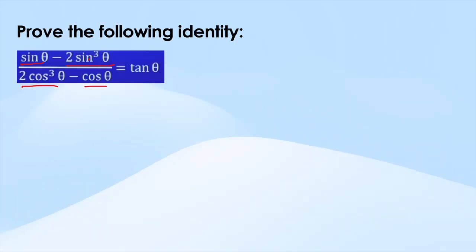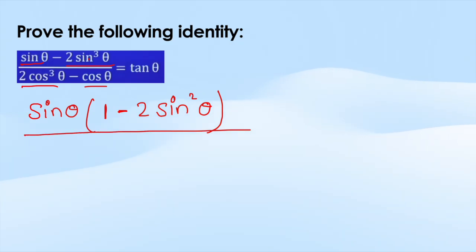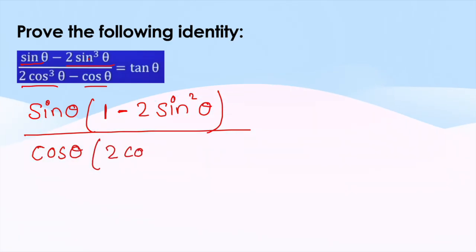If I take sine theta common from the numerator, the first term will become 1, and the second one will be 2 sine square theta. In the base, I can take cos theta common, and the first term will be 2 cos square theta minus 1.